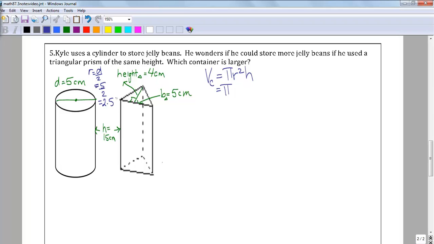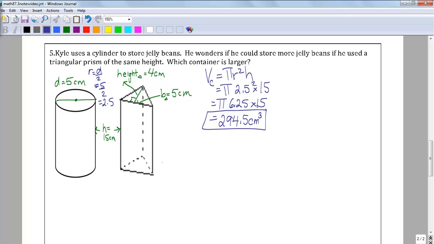So radius is 2.5. 2.5 squared, and then the height is 15. Okay, so let's see. 2.5 squared is not 5. Remember, it's 6.25 times 15. And then my final answer, volume of the cylinder is 294.5 centimeters cubed.